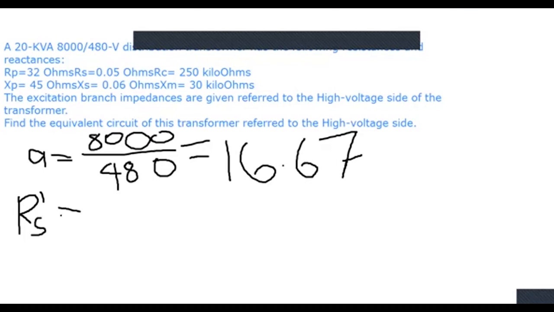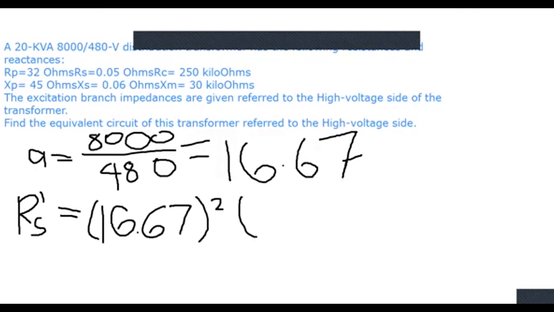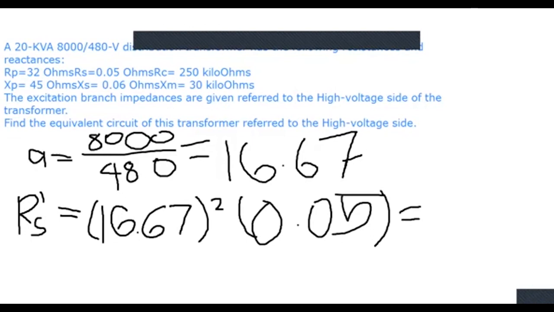Using the turns ratio, we square it and multiply it by the secondary resistance itself, which is 0.05. It is equal to 13.9 ohms. So we now have the secondary resistance as referred to the primary side, or the high voltage side.